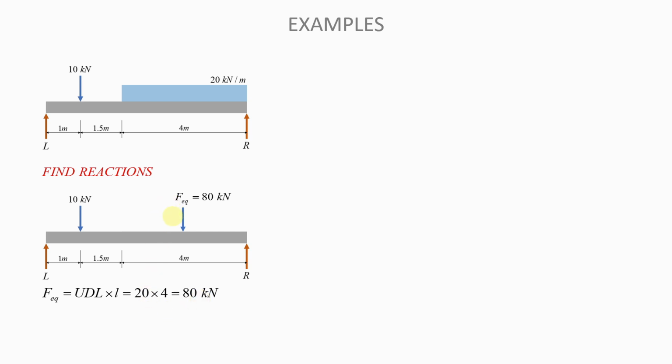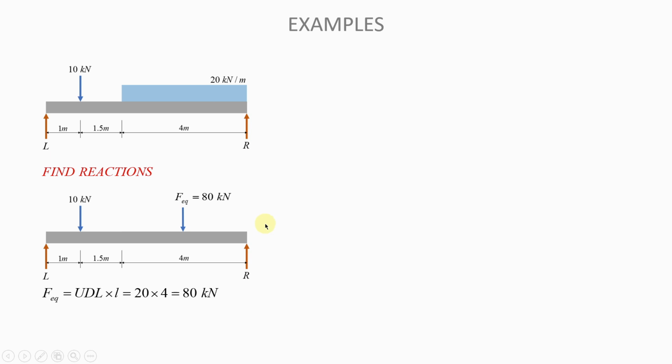Okay, now the big question is, where exactly is this force going to act? The force that is equivalent to the UDL will act in the middle of the length over which the UDL was acting. The UDL was acting over this length of 4 meters, so the force equivalent to that will act in the middle of that length, somewhere in the middle here.